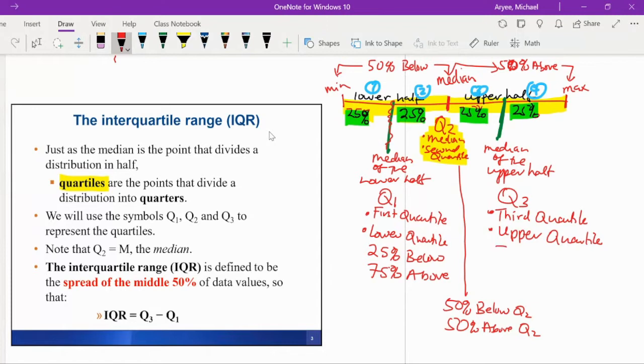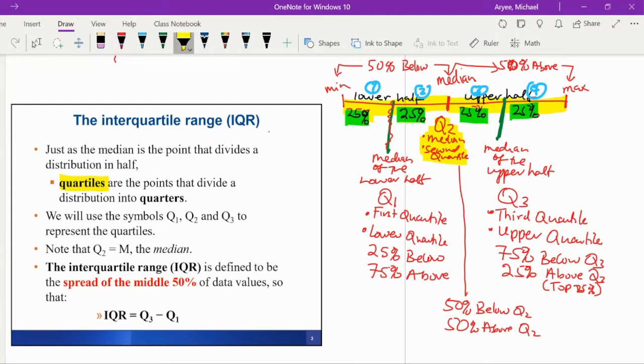You have 75% of your data below Q3, and then you have 25% of your data above Q3. Sometimes you call it the top 25%. Sometimes we call Q1 the bottom 25%.